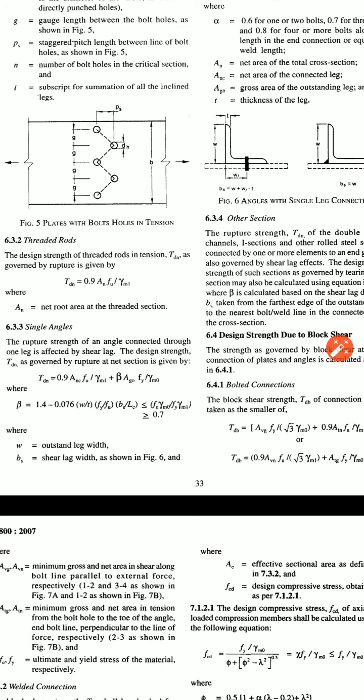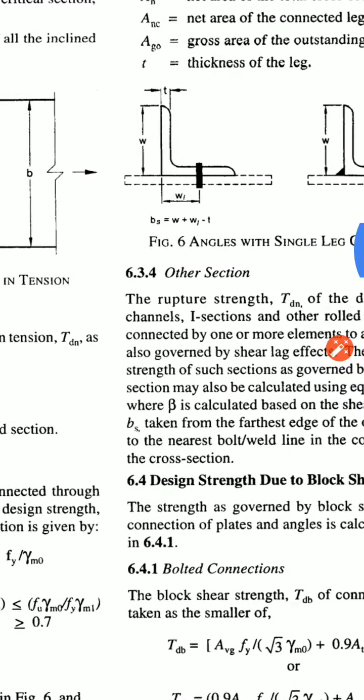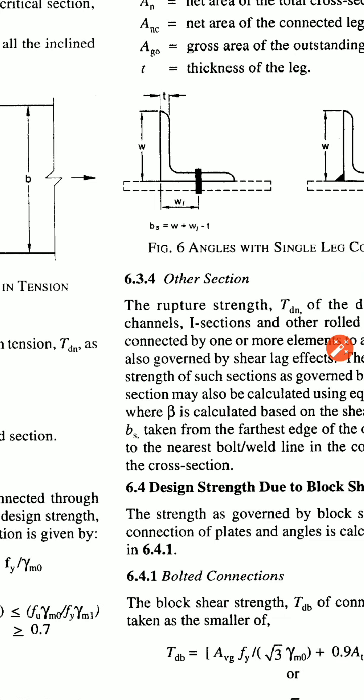Next is bs. What is bs? Bs is given again by a formula: w plus w1 minus t. Here w is the outstanding leg size, 90, and w1 will be given in SP6 for different angles, for 90 into 60 into 10 mm.